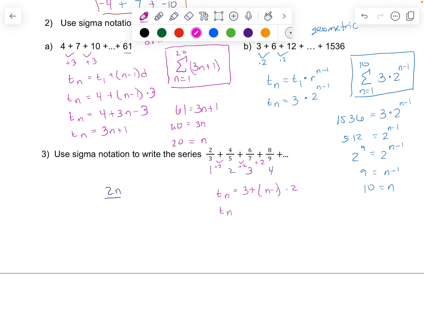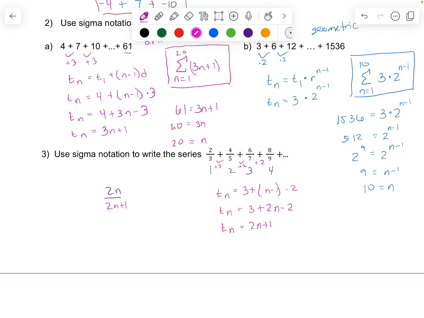So t sub n would be equal to 3 plus 2n minus 2, which means t sub n is equal to 2n plus 1. You might have also noticed that the denominator was 1 more than the numerator. So since the numerator is 2n, the denominator would be 2n plus 1.